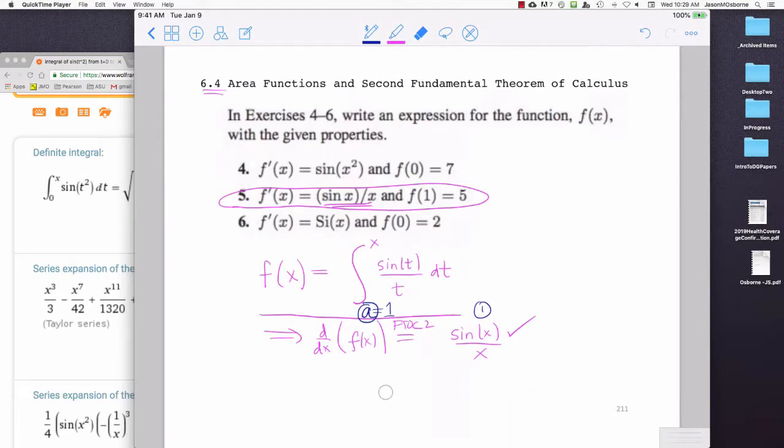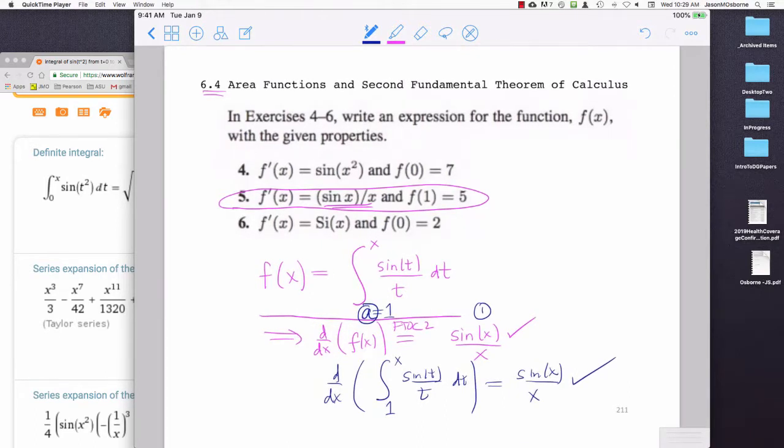The second fundamental theorem of calculus says that the derivative of the function from some constant a equals 1 in this case to x of sine of t over t dt is equal to sine of x over x. So we're still good. Now put in 1 into this function. What do you get?